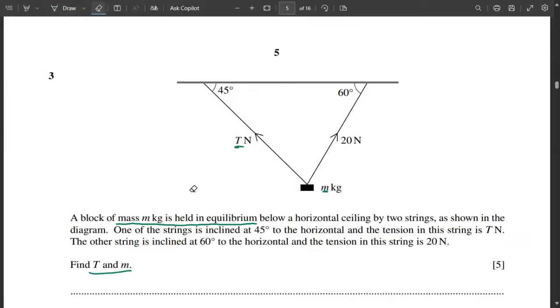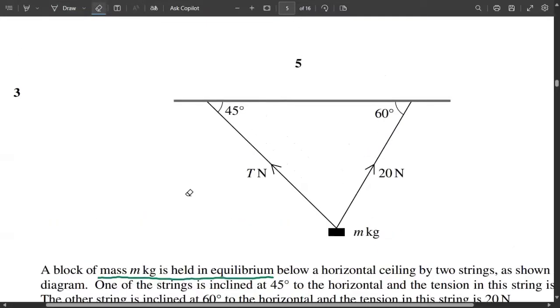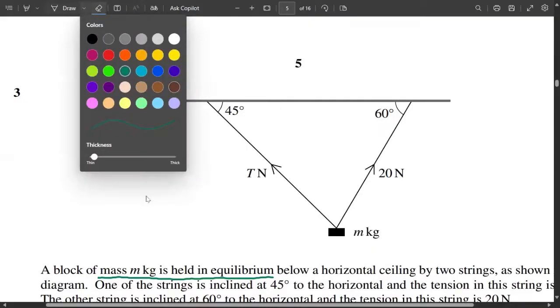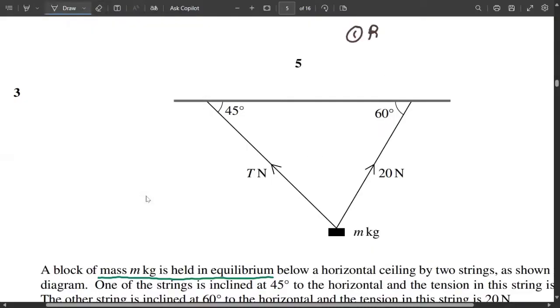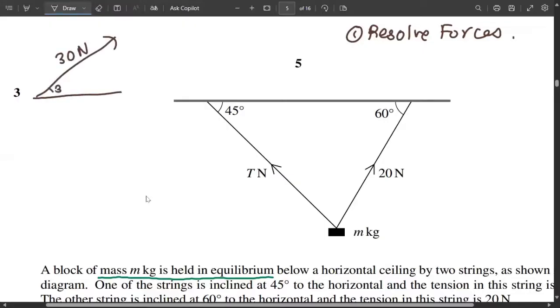So first of all, let me make this a little bit bigger. Okay, and now the first thing we need to understand is we need to resolve forces. And what do I mean by resolve forces? If I tell you that I have a force that is 30 Newton acting at an angle of 30 degrees, and if I tell you to resolve it, then what will you do?